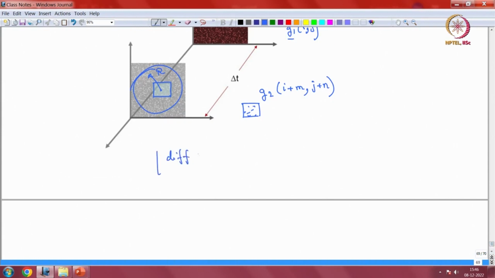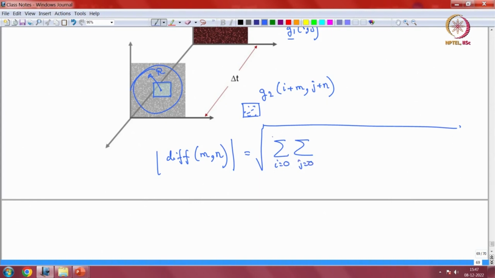Let us say the difference between two images in terms of m comma n, where m comma n is the search radius part that you are giving, can be quantified by this equation, where i equals 0, j equals 0, up to m minus 1, n minus 1, and here you have G1 ij minus G2 i plus m, j plus n, squared.